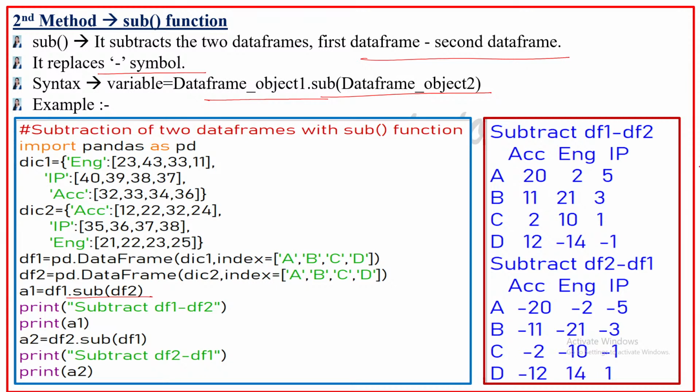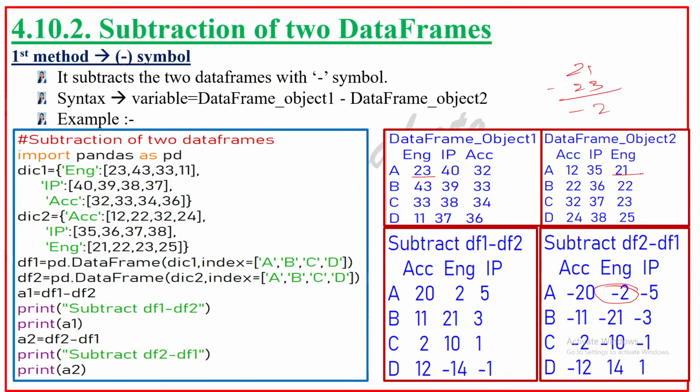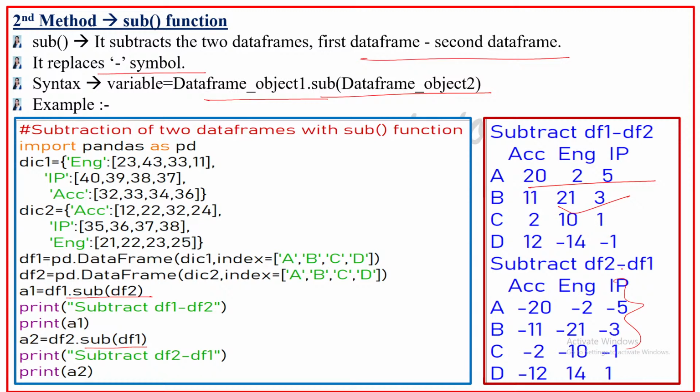So this is our output, and df2 dot sub df1 will display like this. So df1 dot sub df2 works just like df1 minus df2. Look here, 2, 2, 5, this is df1 minus df2, here also it generates 2, 2, 5. First data frame minus second data frame, the dot sub function will work.